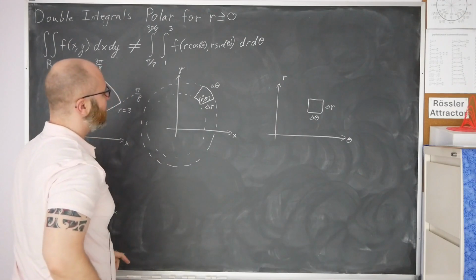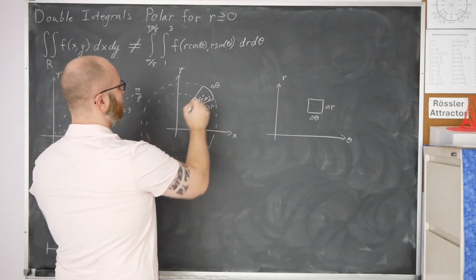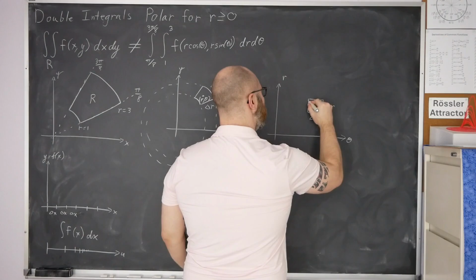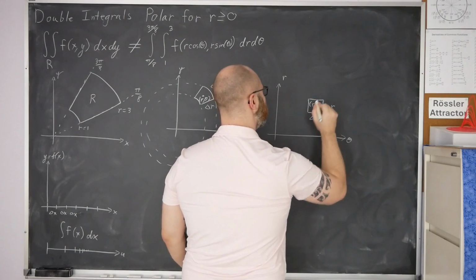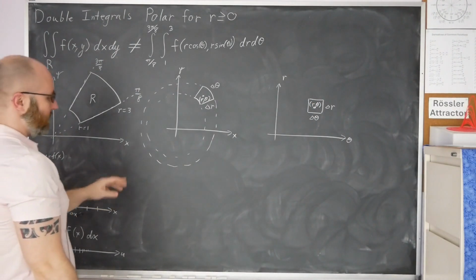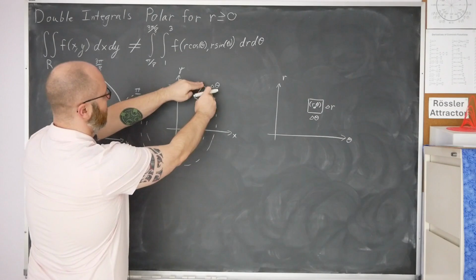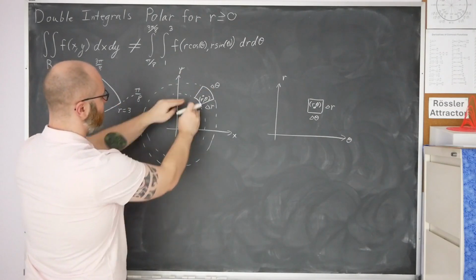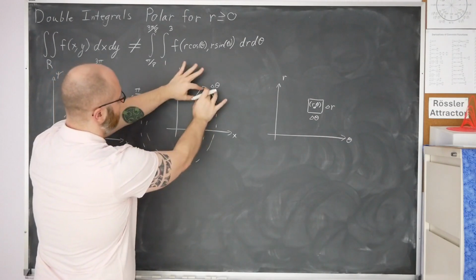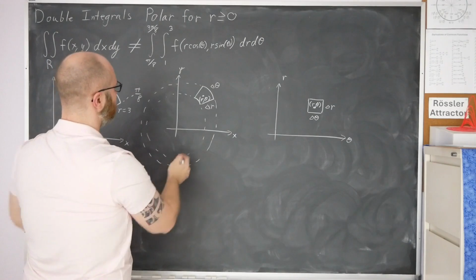To calculate that, I have my r, theta point right there in the middle, and I should do that over here as well. I'm going to take the area of the outer circle, subtract the area of the inner circle, and that's going to give me the area of this ring.